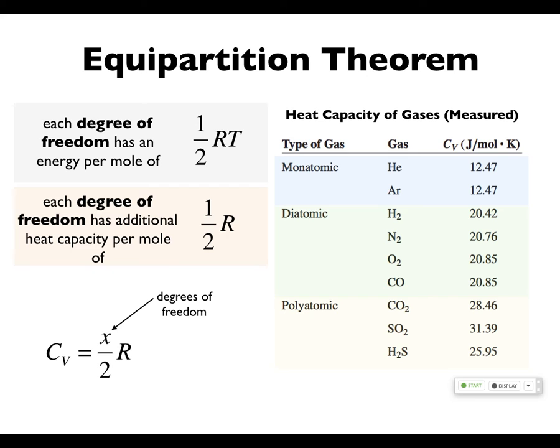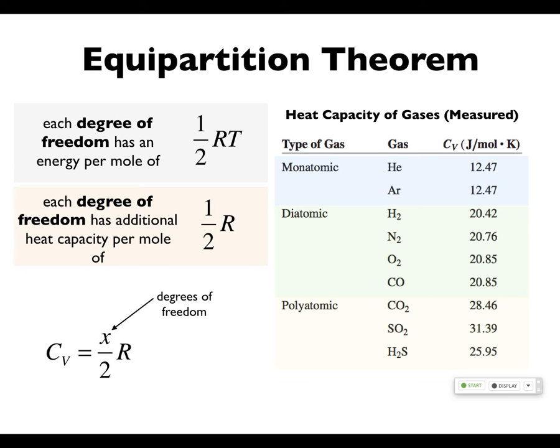So 3/2 times 8.31. Guess what that gives you? What's 3/2 times 8? 12. Hey, look, 3/2 times 8.31. So that's 3/2 R.